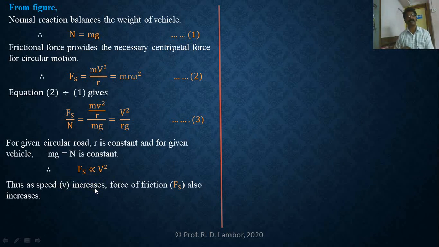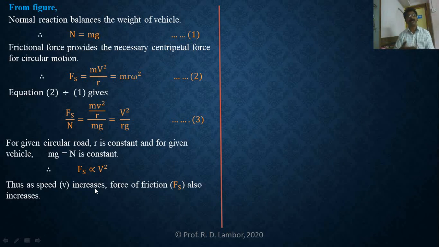But in the 11th standard, we have studied the concept of friction and types of friction also. And in that concept, we have studied that frictional force is a self-adjusting force. Okay? What does it mean?